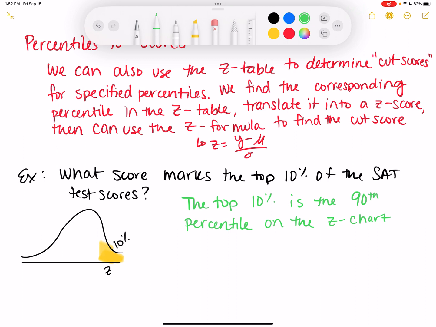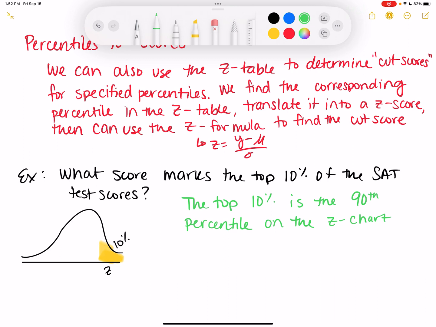So we kind of now use this table backwards. I'll let y'all get that and then I'll show you. So basically we're going to be finding the closest value to 90, okay, so to 0.90, that's over, okay?